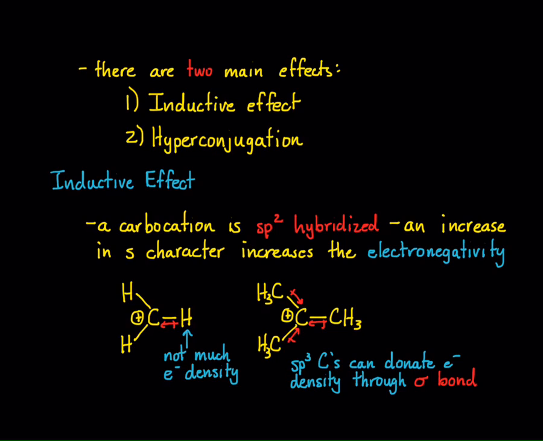But the second effect is even more important, and that is hyperconjugation. Hyperconjugation, not higher conjugation. Now, what does hyperconjugation mean? Well, here's my carbocation, and I'm of course looking at a tertiary carbocation, so I have three methyl groups, and I'm going to highlight, now notice I haven't drawn the hydrogens on one of those methyl groups because I'm going to highlight those bonds there.